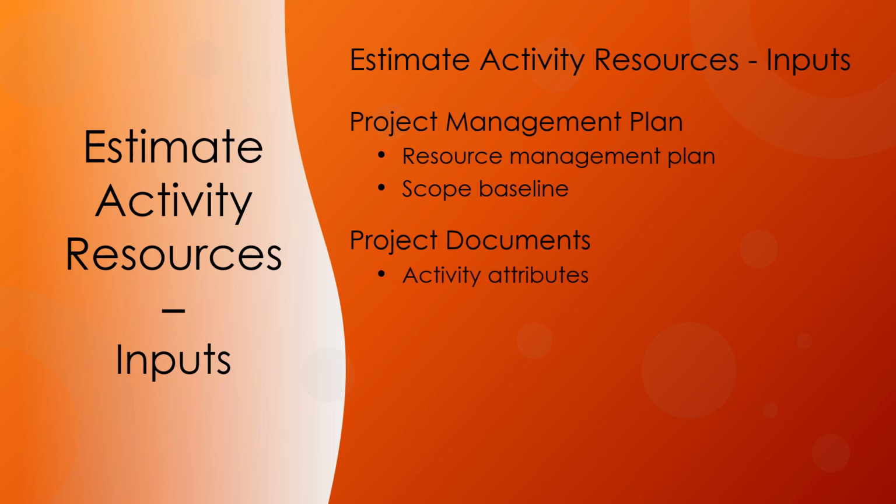Activity attributes provide the primary data source for use in estimating team and physical resources required for each activity on the activity list. Examples of attributes include the resource requirements, imposed dates, activity location, assumptions, and constraints. The activity list identifies the activities that will need resources.